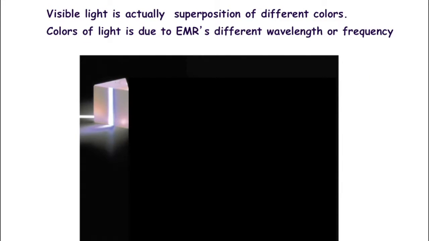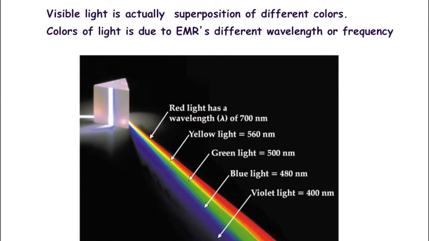So if you take plain white light, if you have a flashlight for example, and you radiate it through a prism, what you'll find out is that white light is actually the superposition or the overlapping of red, orange, yellow, green, blue, indigo, and violet, the colors of the rainbow.